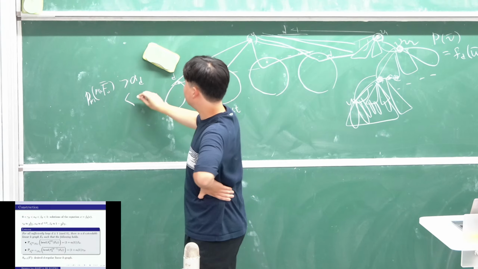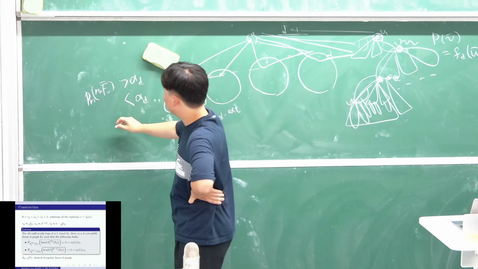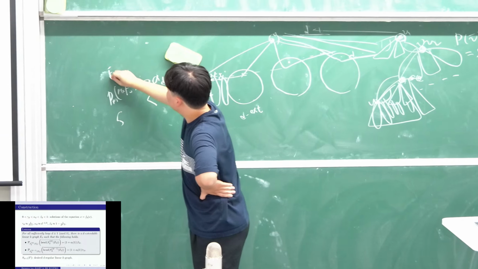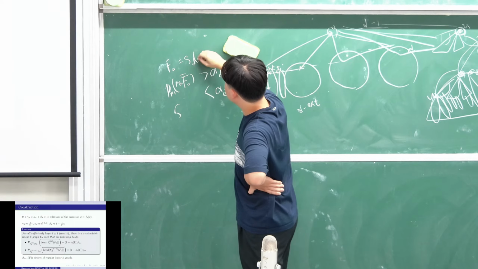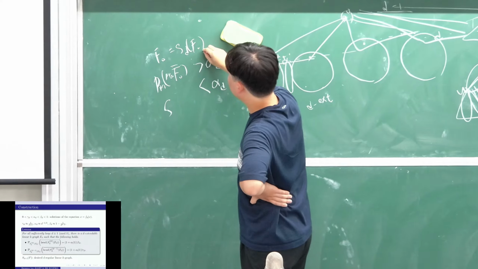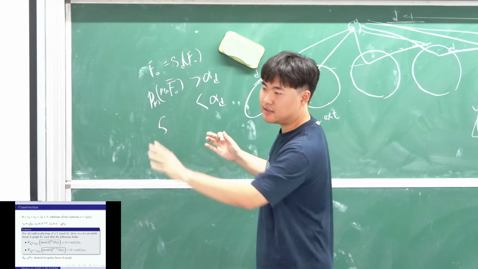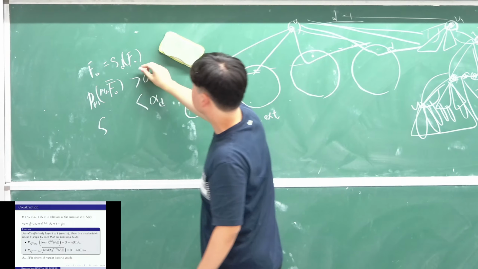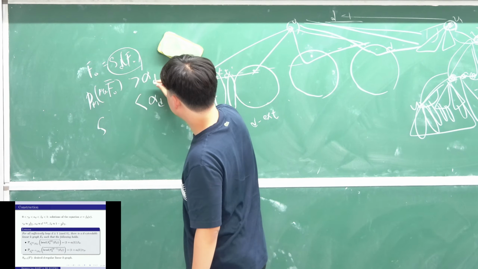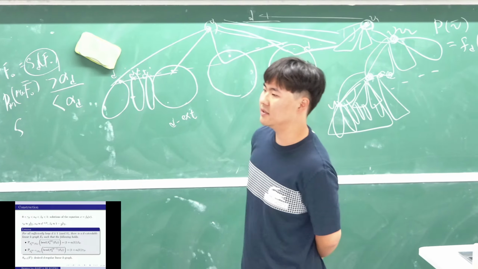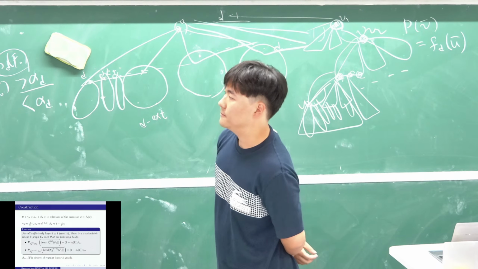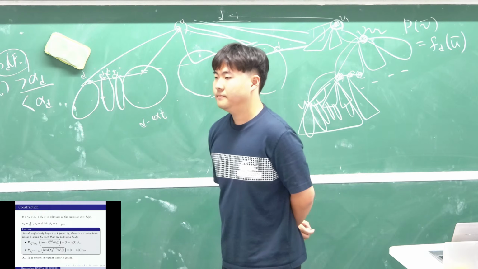But if it is smaller than alpha D, then we just update f0 as the f0. Then since g_D is a decreasing function, this value is now greater than alpha D. Then we take this f0 again, and we can amplify it again and again and again.